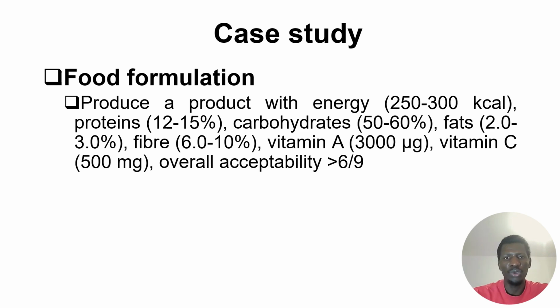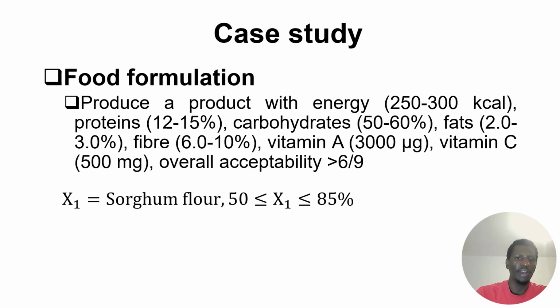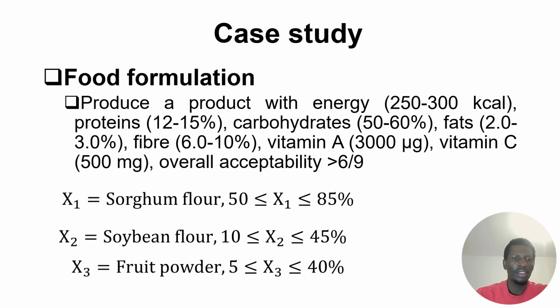The next thing you have to do is to check around you which raw materials have properties or nutritional content that when you combine them together, they can actually give a product with these quality specifications. And in our own case, we've identified 3 raw materials: sorghum, soybeans, and fruit powder.